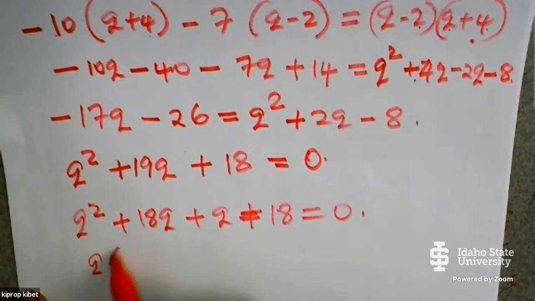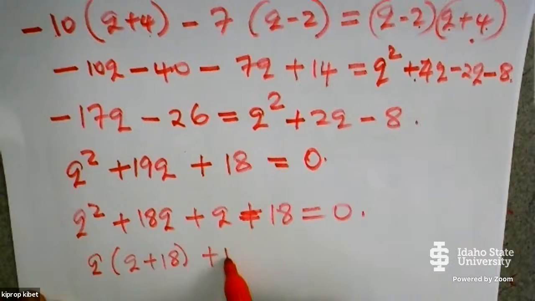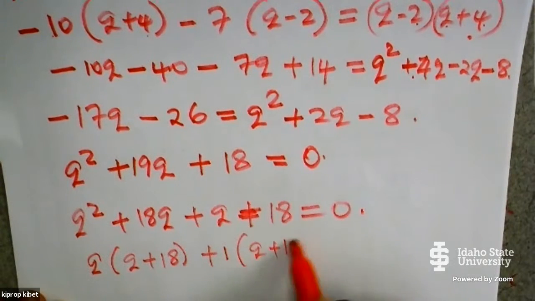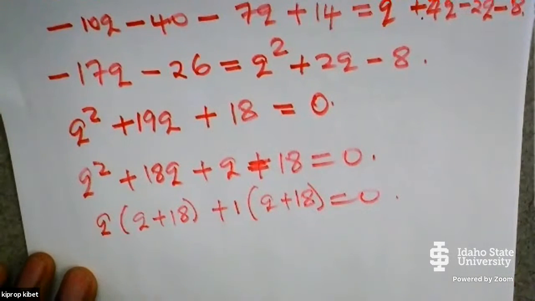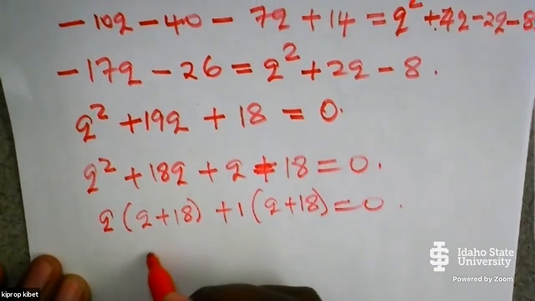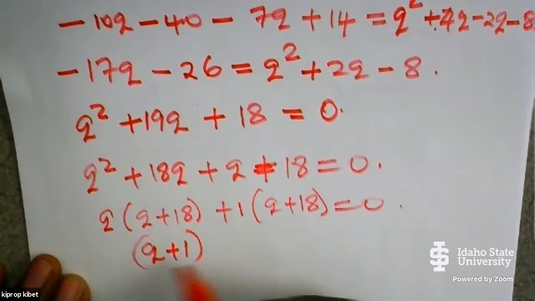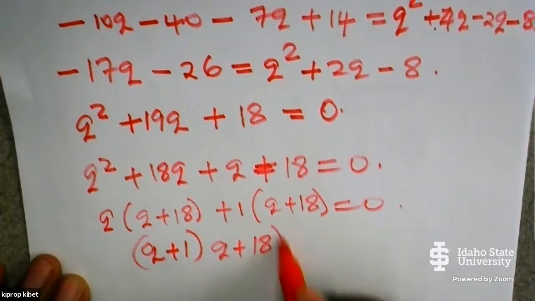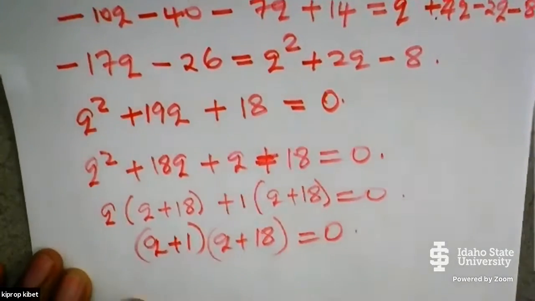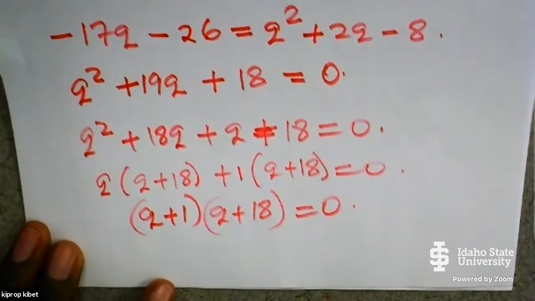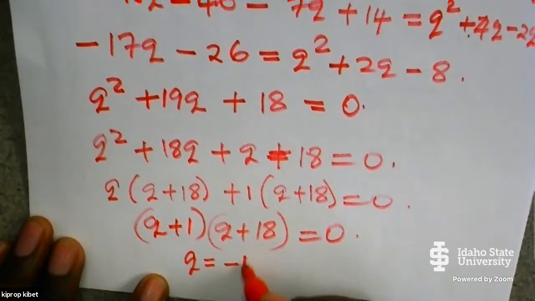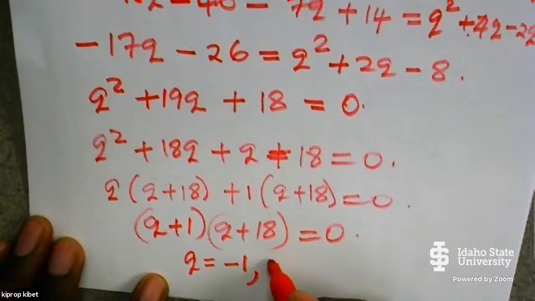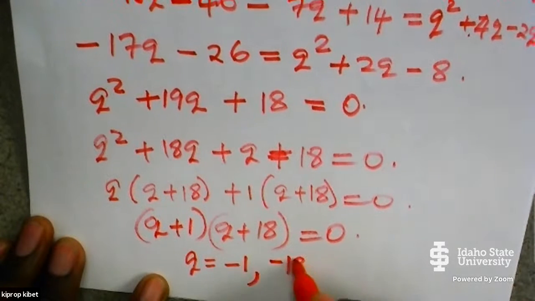So q plus 18, plus 1 (q plus 18) equals to 0. So what is our GCF here? q plus 1, q plus 18 equals to 0. So using the zero product property, q equals to minus 1, comma, minus 18.